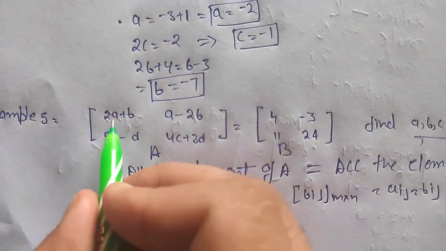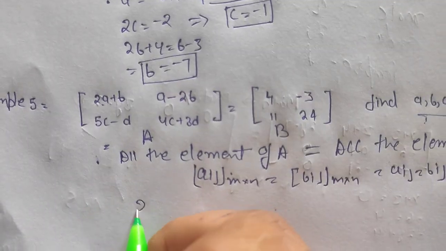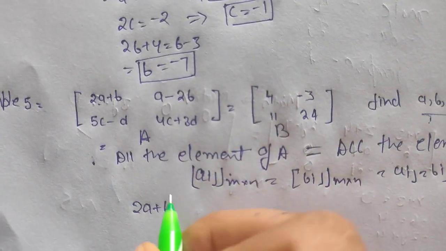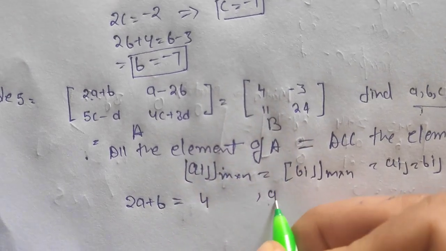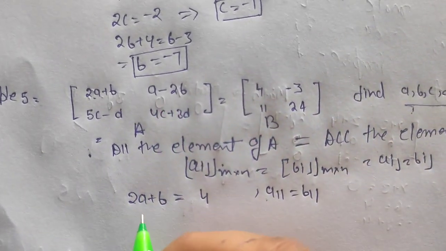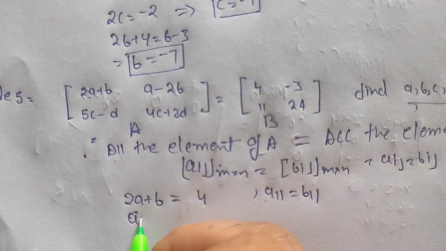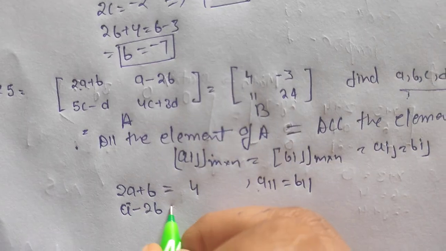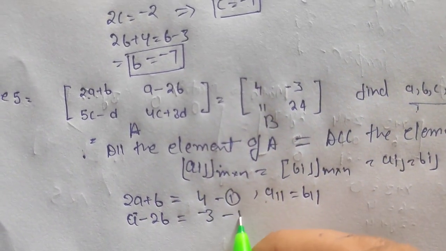Now a11 equal to b11, so 2a plus b is equal to 4. Then a12 equals b12, so a minus 2b equals minus 3.